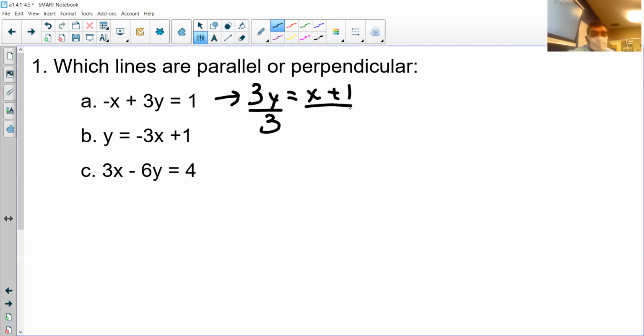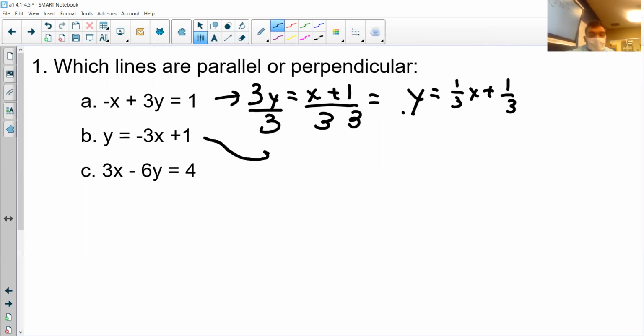Once you divide by 3, everyone has to get divided by 3. So y equals 1 over 3 x. I rewrote it like this instead of x over 3 plus 1 over 3.